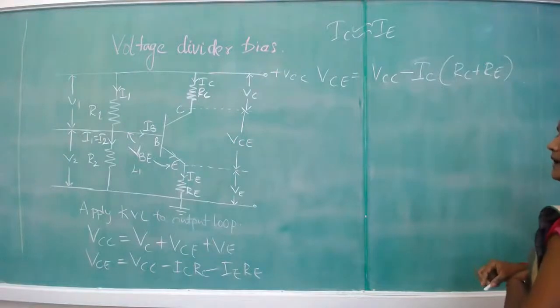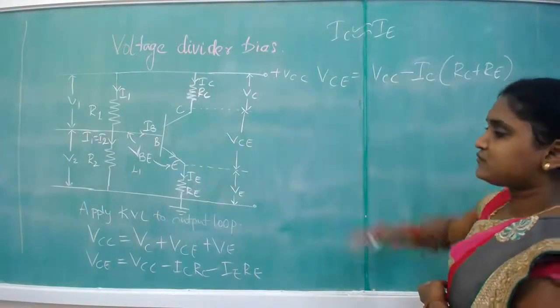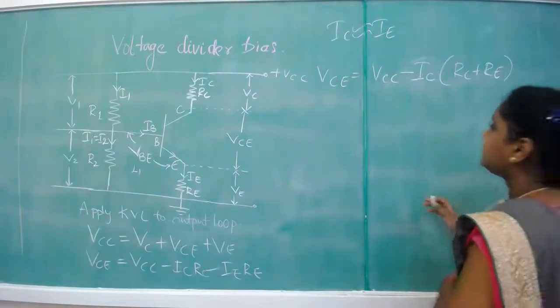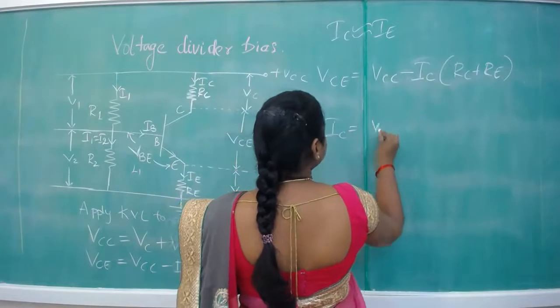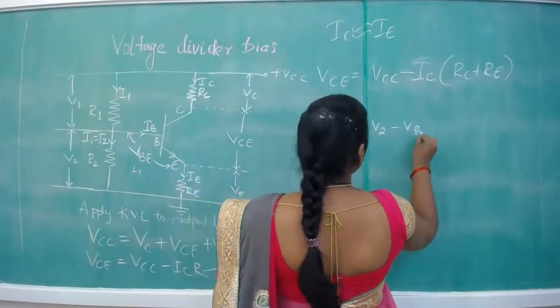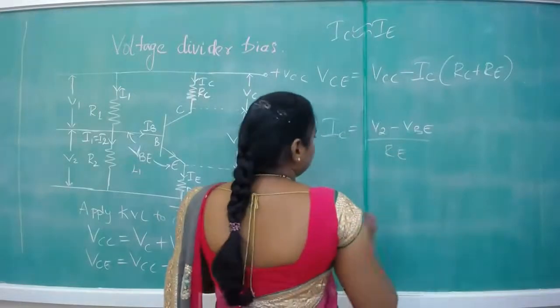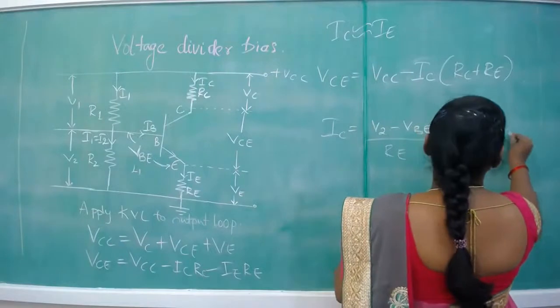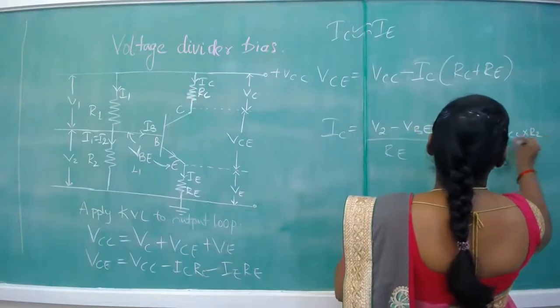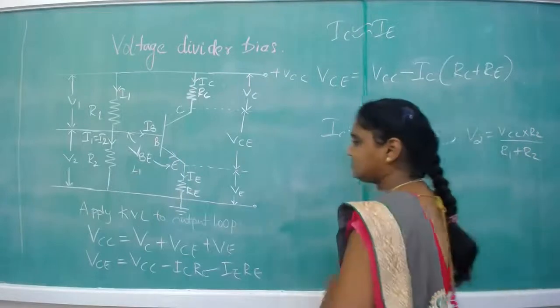Okay, this is the expression for VCE. So we got the expression for IC and VCE, where IC is V2 minus VBE by RE, where V2 is VCC into R2 by R1 plus R2.